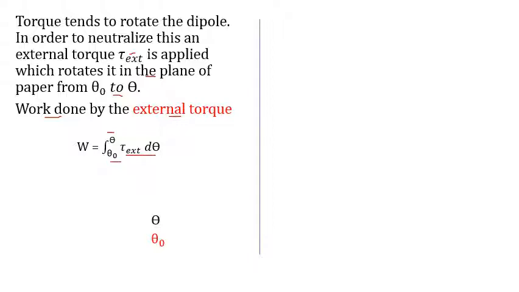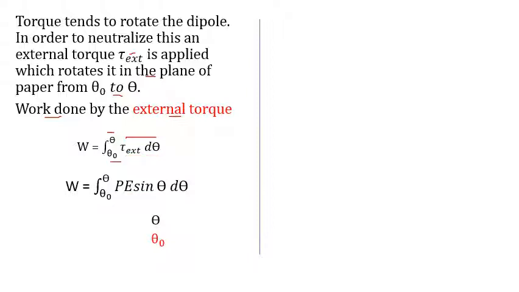We know in linear motion work is force into displacement. In angular motion work is nothing but torque into angular displacement. That's why this formula. Now let us substitute the value of this torque, that is P E sine theta. I have substituted it here.